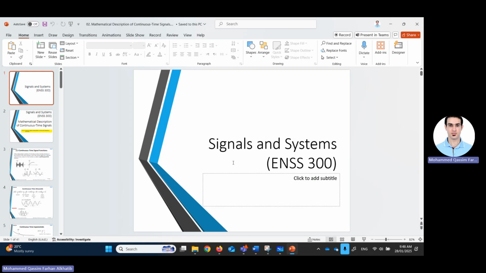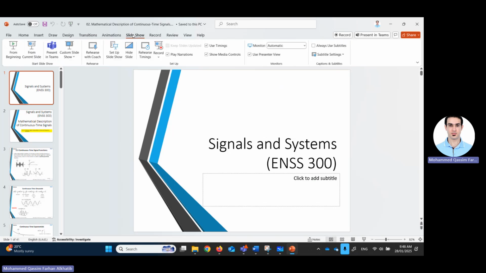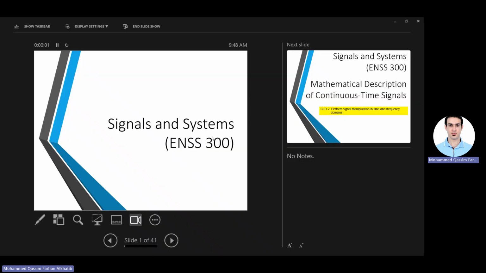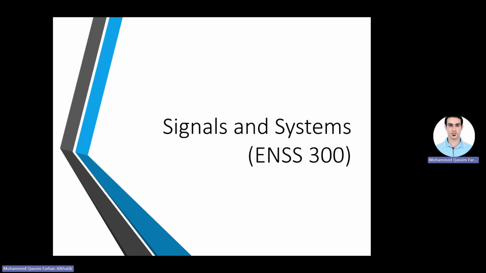Like types of signals, shapes, like when you see a sinusoidal, what do you expect? When you are given an exponential, what do you expect, etc. Okay, slideshow. And there will be some signal manipulations. We'll talk about time shifting, compression, expansion, shifting in amplitude, and a combination of all processes.